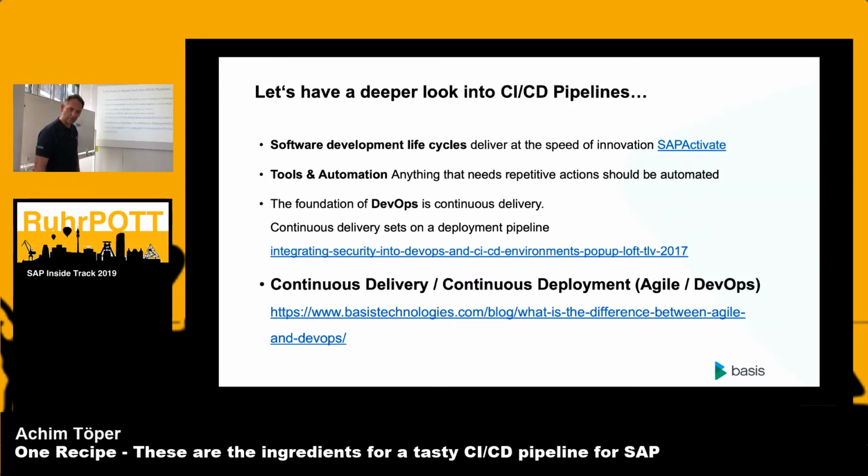Okay, let's have a deeper look, because I promised to bring some learning possibilities with me, and so I want to start with the need of speed in innovation. So we talked about SAP Activate, the implementation method of S/4HANA as a successor of ASAP. This also has agile parts in it.